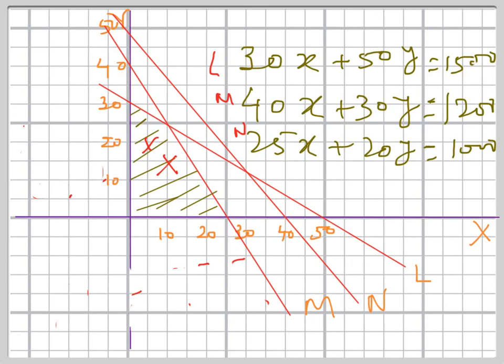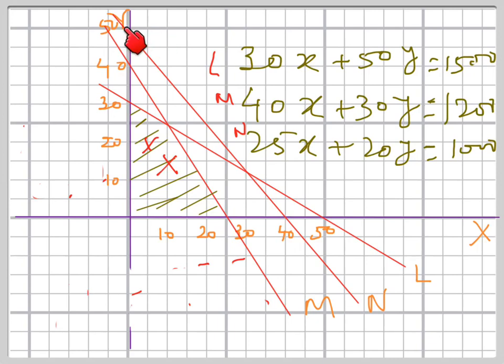Similarly, if the objective function line becomes parallel to this, it lies on this particular line, then again you will have a situation where you may have multiple optimum solutions. Now in this case we are just trying to figure out to which line the objective function line should be parallel, whether it should be parallel to this particular line, which is L line, or it should be parallel to this line, which is M line.